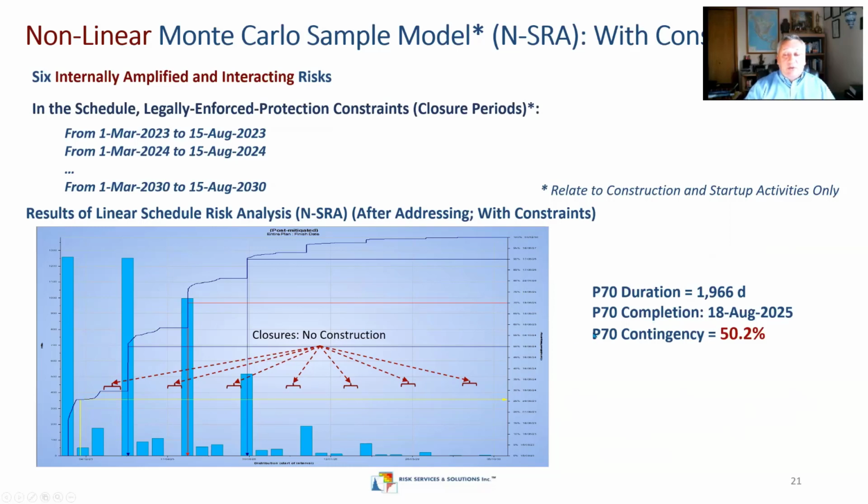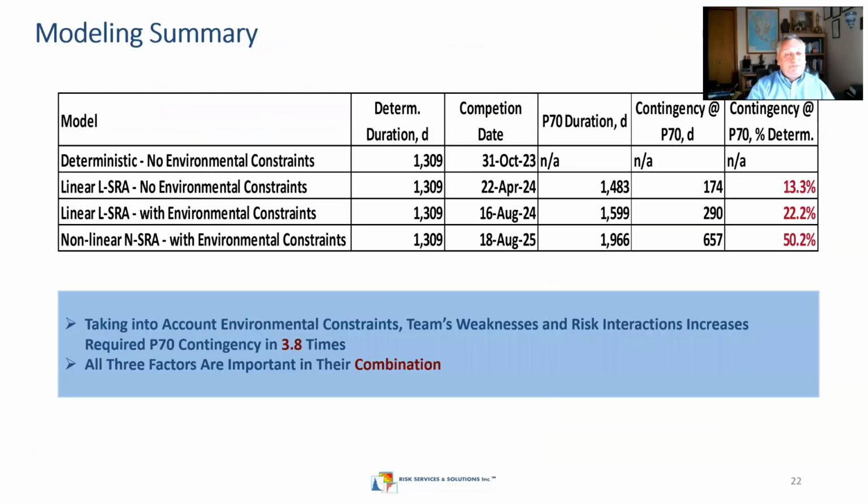And actually P70 in this situation, it's here, P70 will correspond to contingency of 50%. And that's quite a big increase. And this demonstrates what happens when you take into account both closure periods and team weaknesses along with risk interactions. If you miss one of those parameters or factors, you will have quite optimistic contingency.